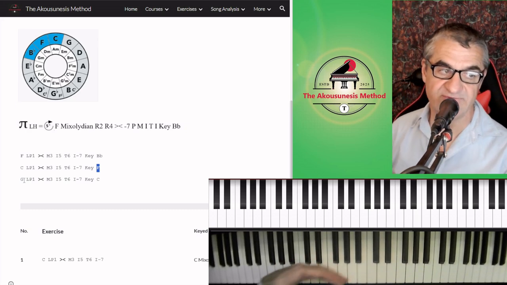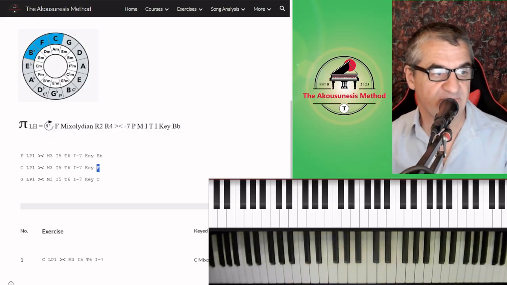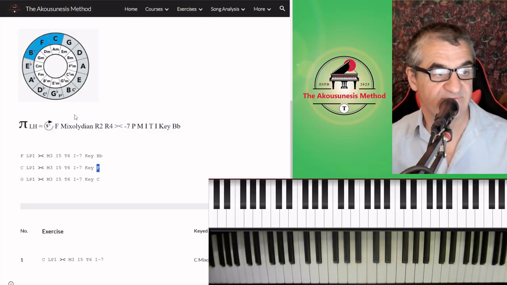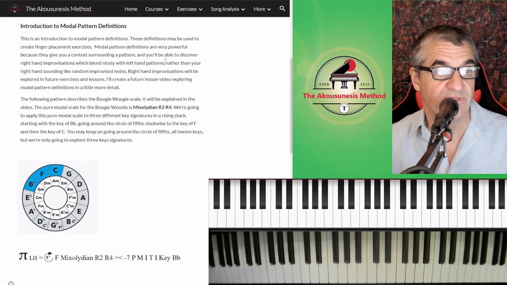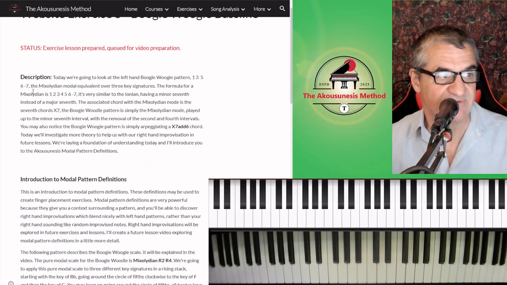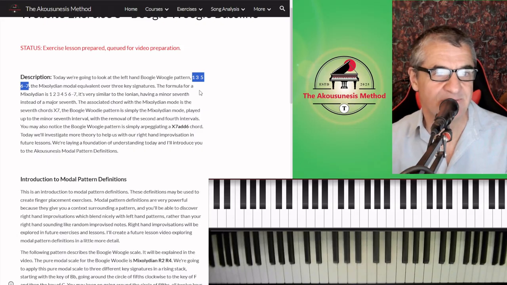We got it from a Mixolydian, and we've described it in terms of a Mixolydian. It was the easiest way to describe it, because you can describe that 1, 3, 5, 6, -7 pattern in all 7 modes. It doesn't have to be Mixolydian.